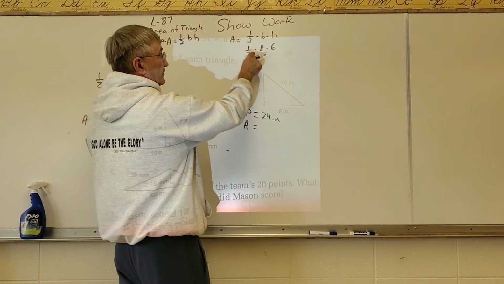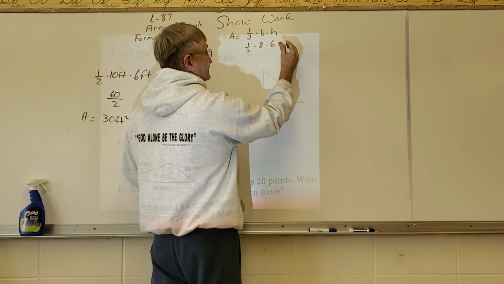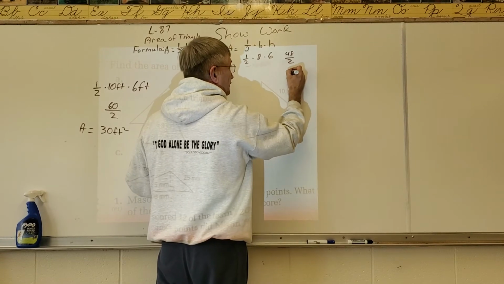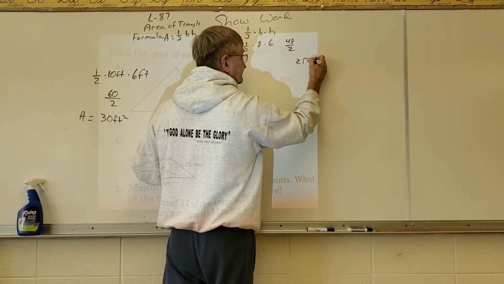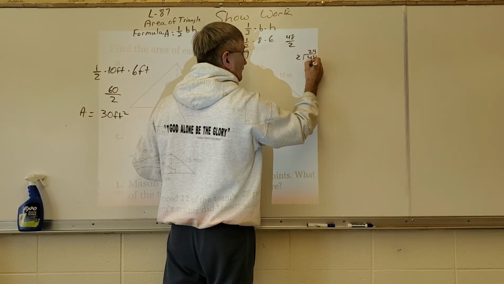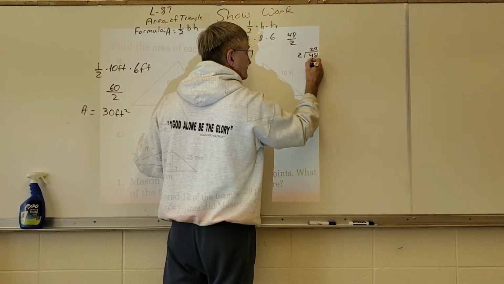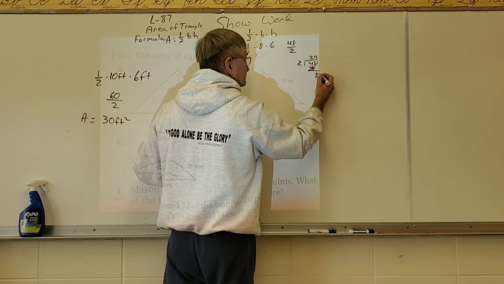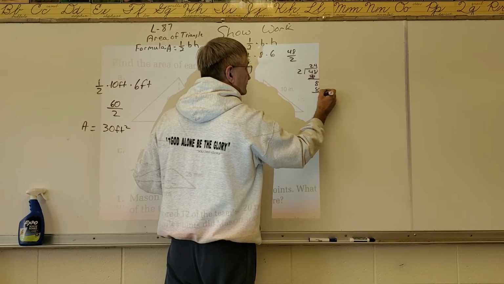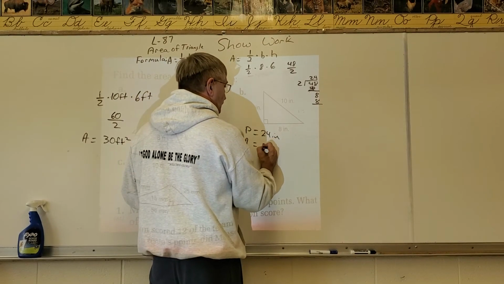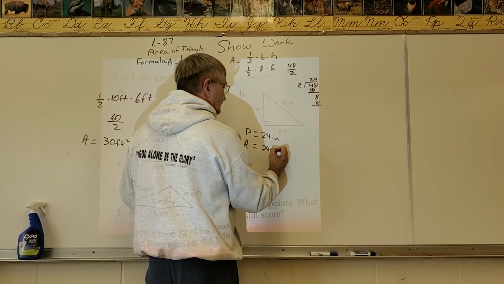And so do the math. 1 times 8 is 8, times 6 is 48, divided by 2. 2 into 48 gives me 24. Get there eventually. Okay, so my final answer there is 24 inches squared.